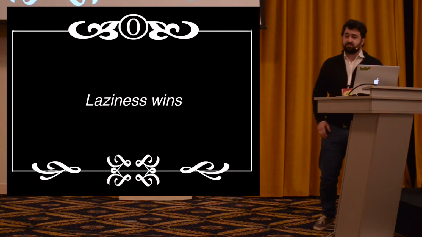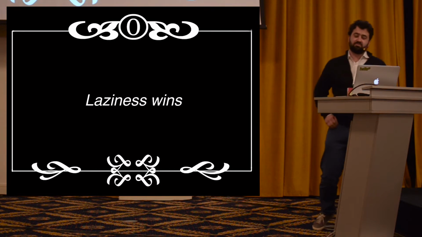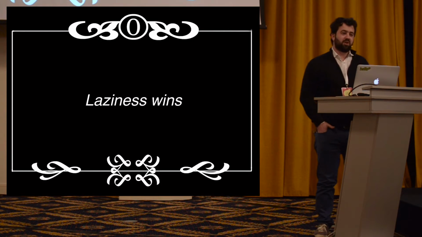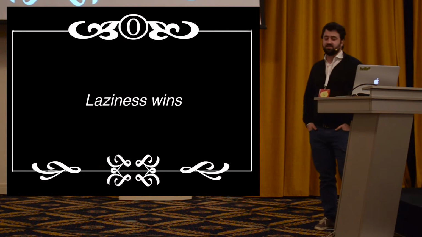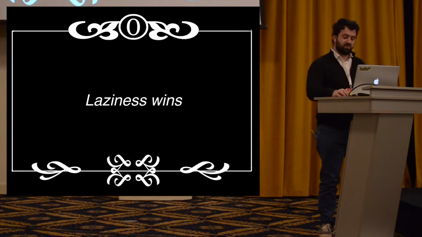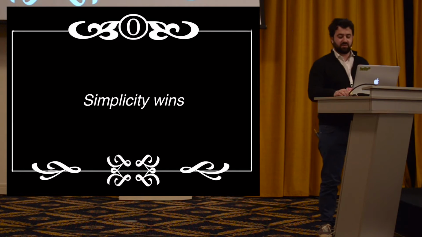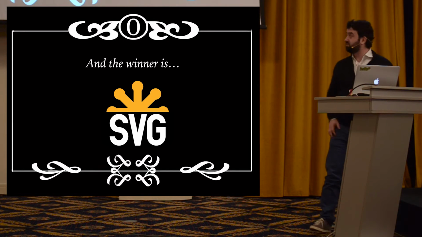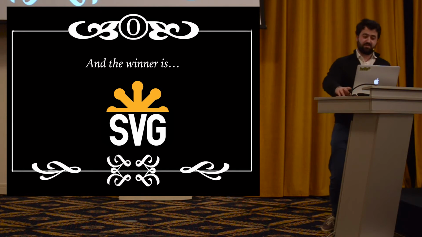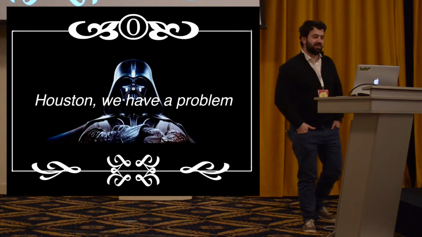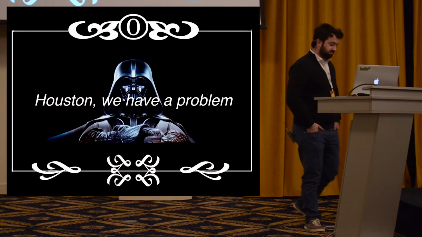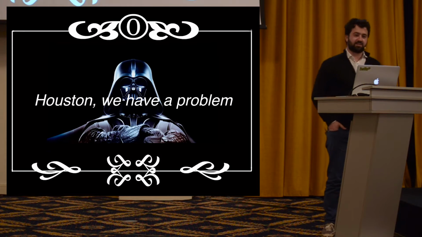So eventually, we're a very lazy team. We don't like working in general. We just like having fun. So we decided to be lazy and keep it simple, and we decided to stick with SVG. But we still had that problem with multi-line text.